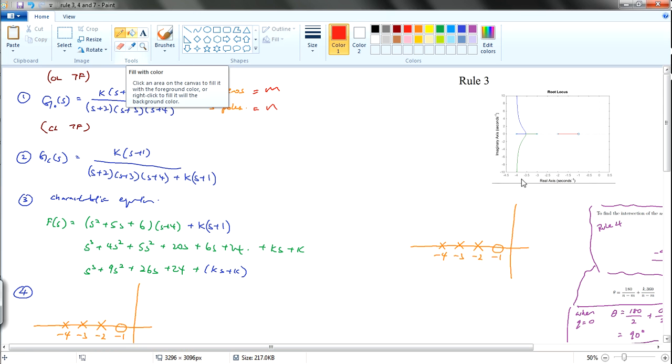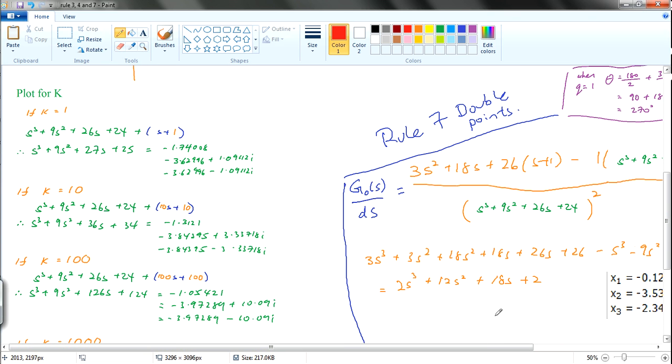You can straight away draw: the even number will go to the left. And if you have two poles side by side, if you doubt, you can actually use double points calculation, and I'll show you.